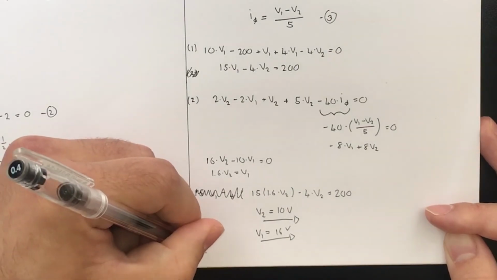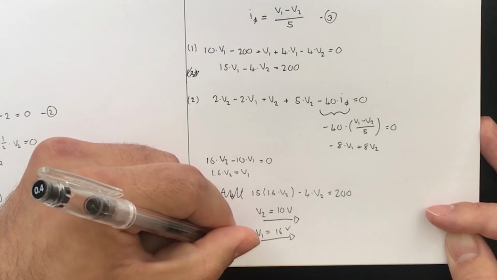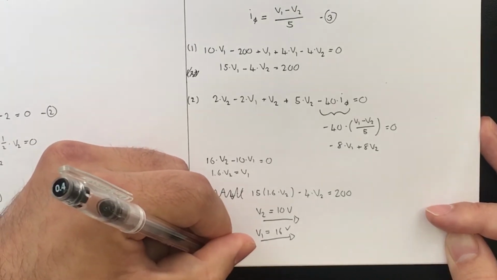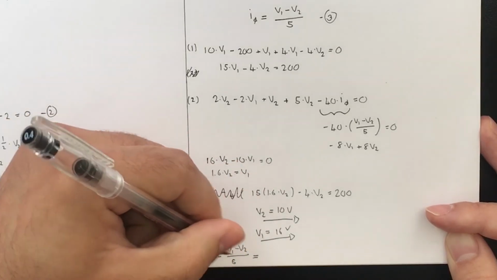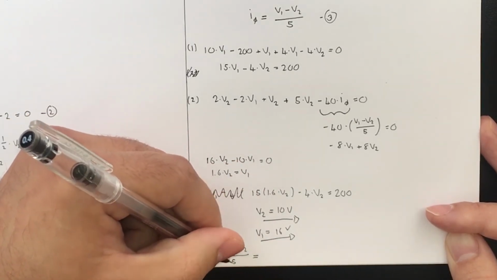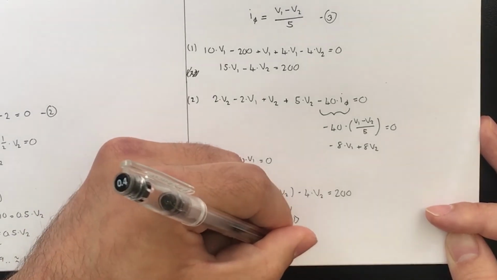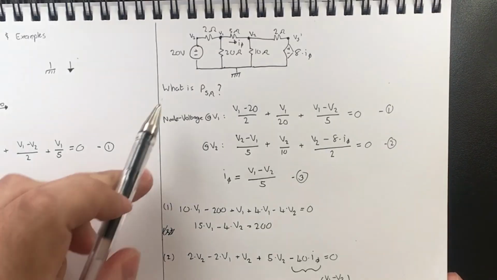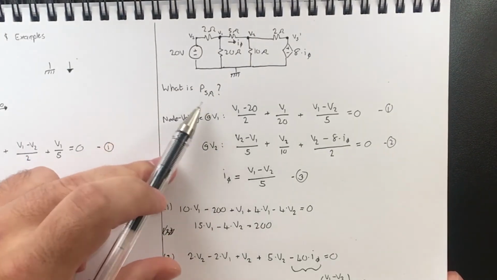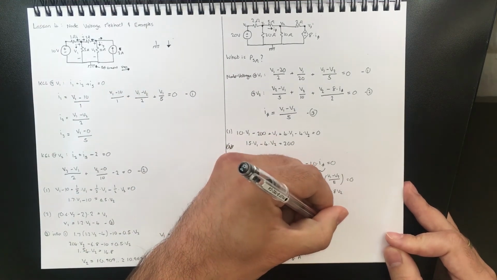Wonderful. Now we need to know I phi, which we defined as V1 minus V2 over 5 ohms, apologies. So this is 16 minus 10 over 5. Leave it in fraction form as 6 over 5 amps. The initial question, what is the power flowing through this 5 ohm resistor? And we can use the power equation.